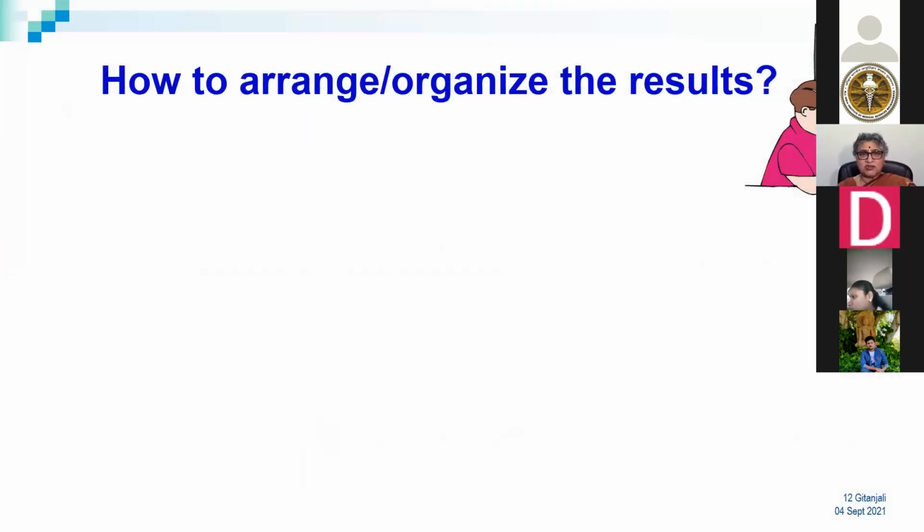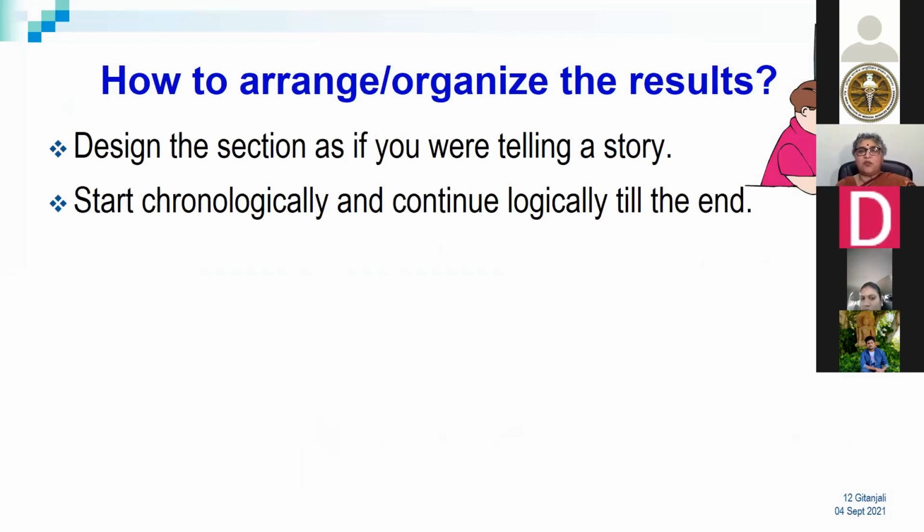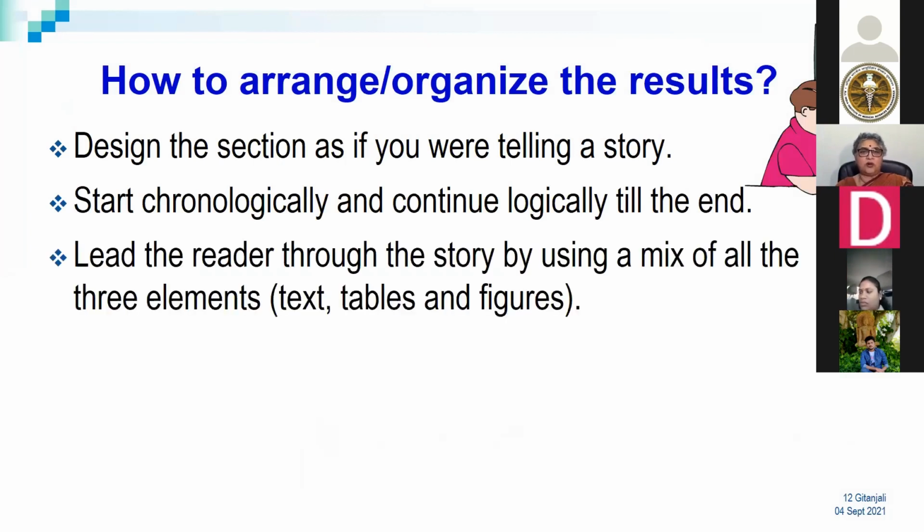So the next question is, how do you arrange or organize the results? It's fine, I will tell it in these three ways, but how am I going to arrange or organize? Design the section as if you were telling a story. Generally stories start long ago, so the chronological order is important. So start chronologically, and continue logically till the end with what was found.